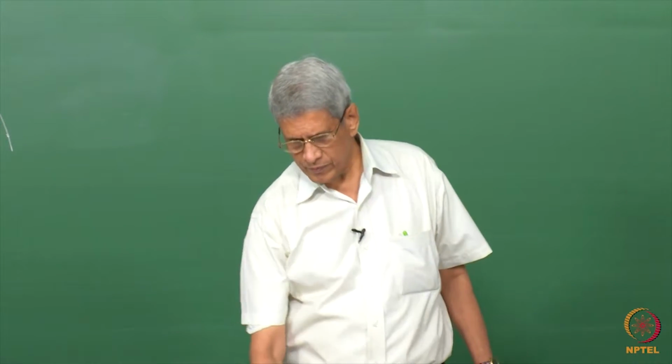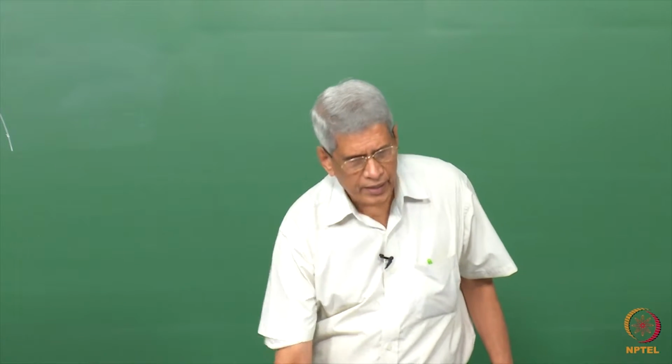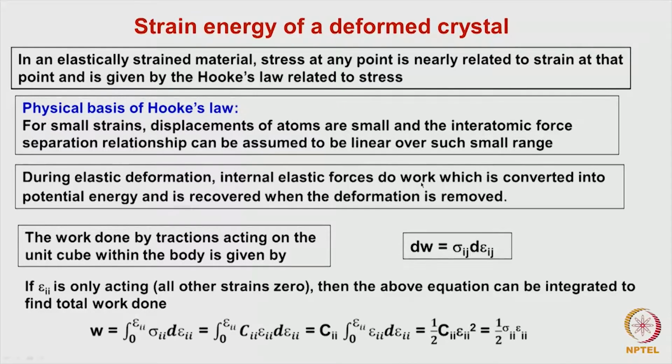If you have to find out the strain energy of the dislocation, how do we go about doing it? We know that if we take any material, the linear elasticity theory, we apply it to find out the strain energy. That is, Hooke's law we can apply, and all these expressions are given here.